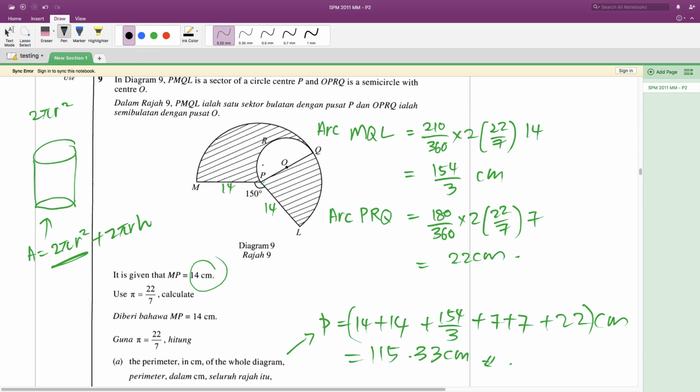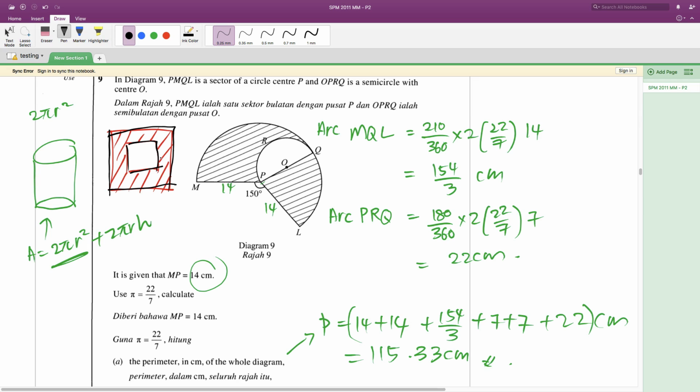If the inside part is shaded also, then the perimeter is not covered by this one. Otherwise, you have to calculate the arc length for P, R, and Q. For example, if you have a shape like this, and this is the shaded region, and I ask you to find the perimeter of this shaded region, definitely you will find the perimeter of this one plus the perimeter of this one.